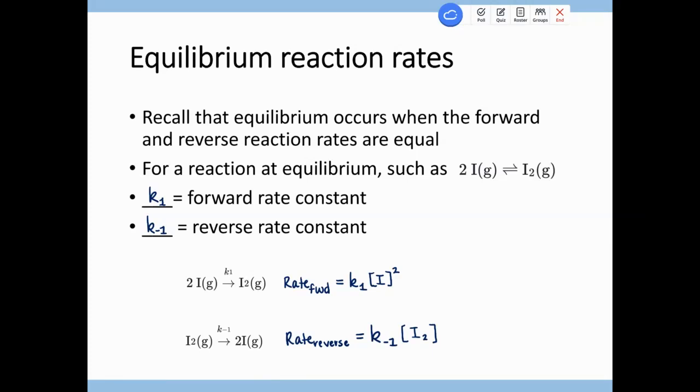So we write the rate law for each reaction individually. We have a different rate constant, different reactant for each of these rate laws. But at equilibrium, they are equal to each other.